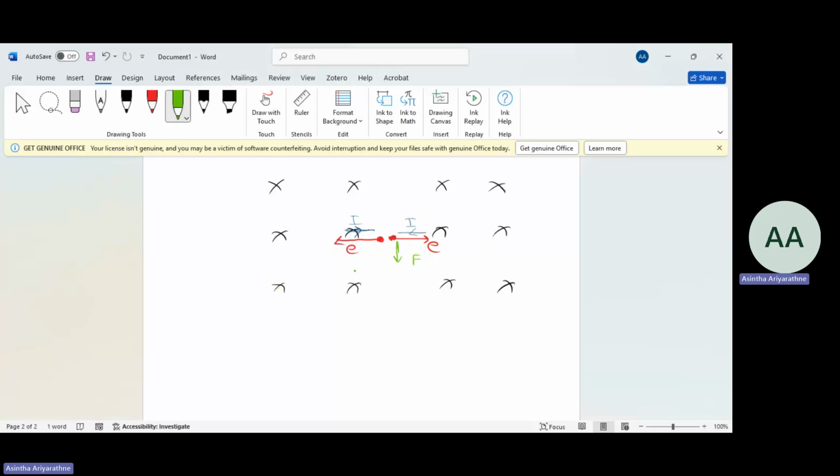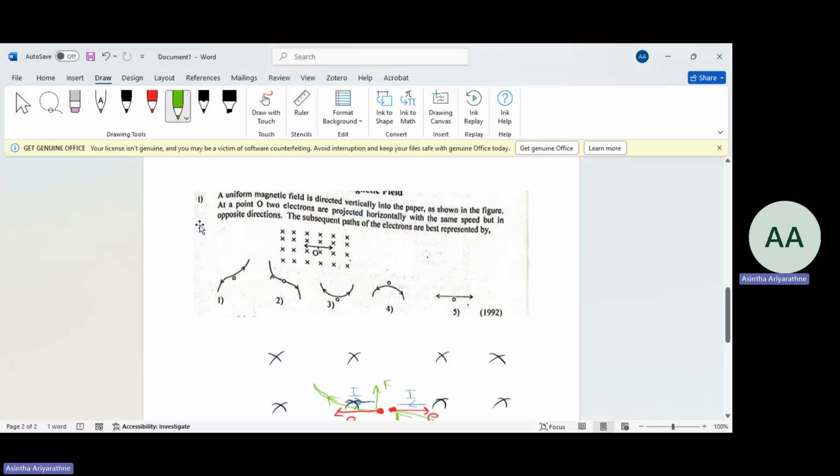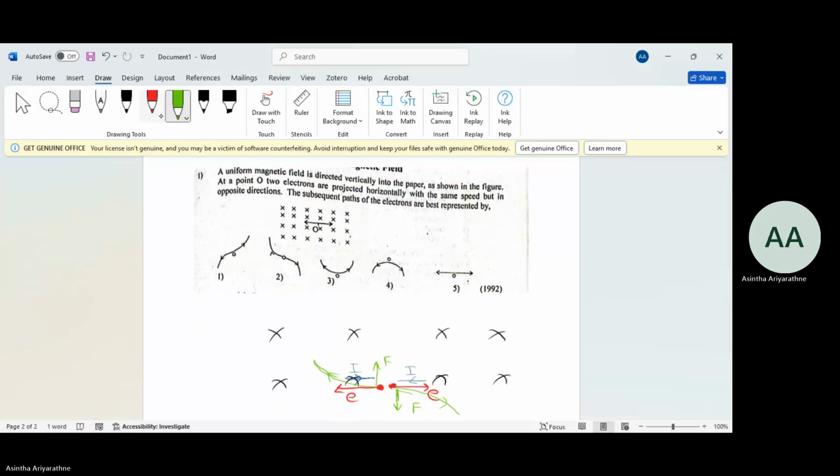For the other electron traveling towards left, the current is towards right. Point the middle finger towards right, forefinger into the whiteboard, and the force is upward. So this electron would go like this, and that one like this. So the answer is the second one.